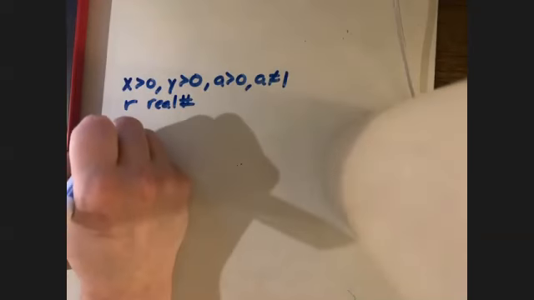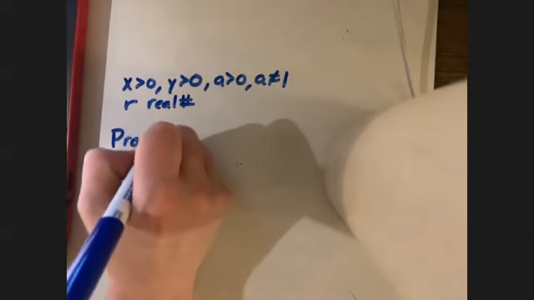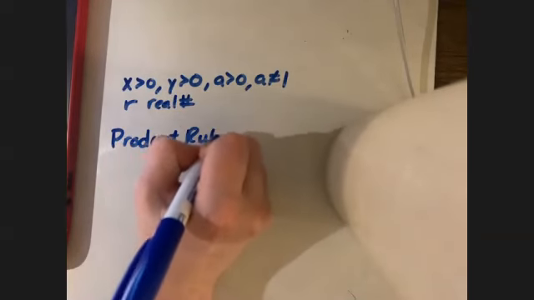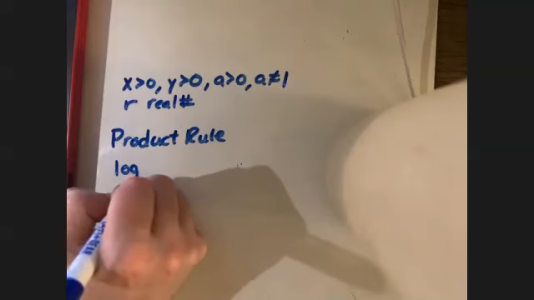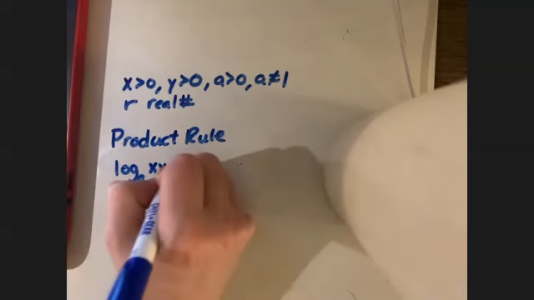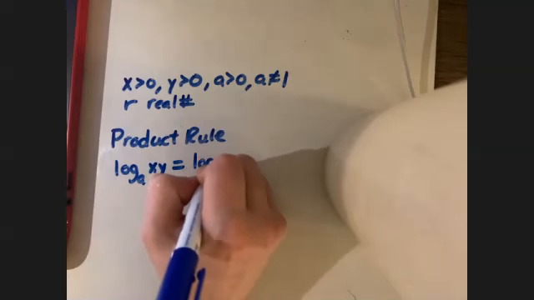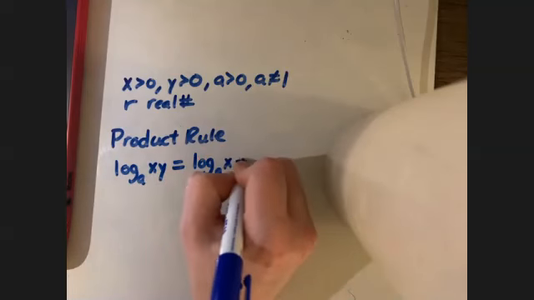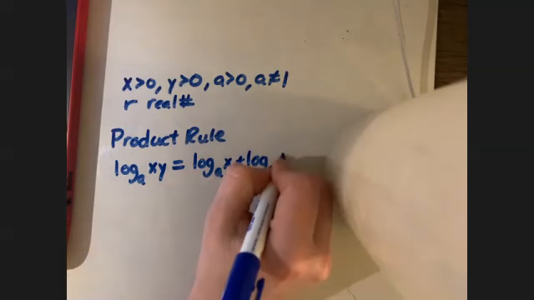So, now, the first rule that we've got is what's called the product rule. Okay? And what the product rule says is log base A of xy equals log base A of x plus log base A of y.